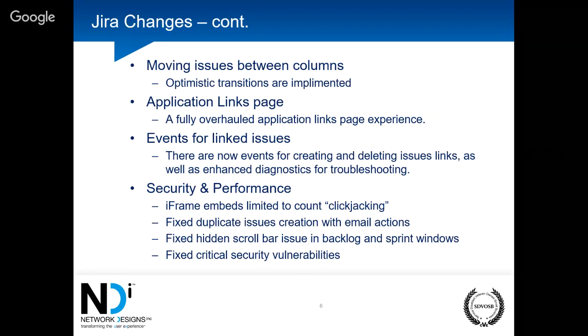For some reason, it would often create multiples based on that same email incident. There were cases, depending on the width of the text in a column on the sprint and backlog windows, where your horizontal scroll bar would be lost, or your vertical scroll bar would be lost if you had extending text.